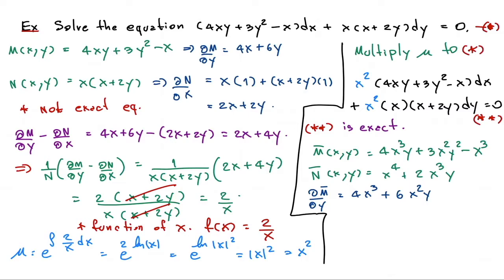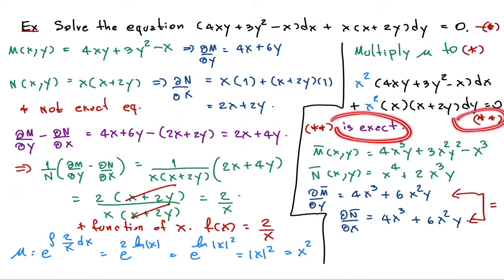And dN bar by dx is 4x cubed plus 6x squared y. So you can see that these are equal, which means that the equation double star is exact, as we expected.